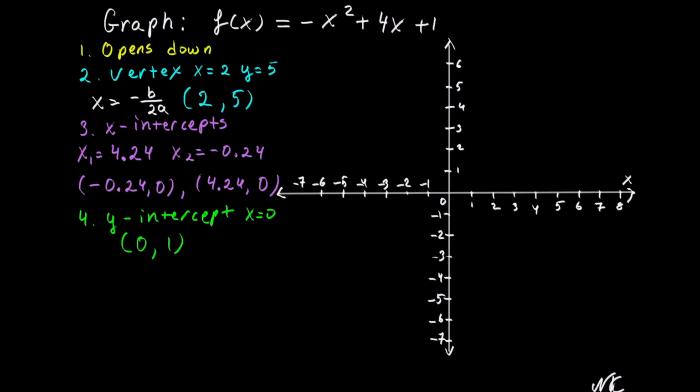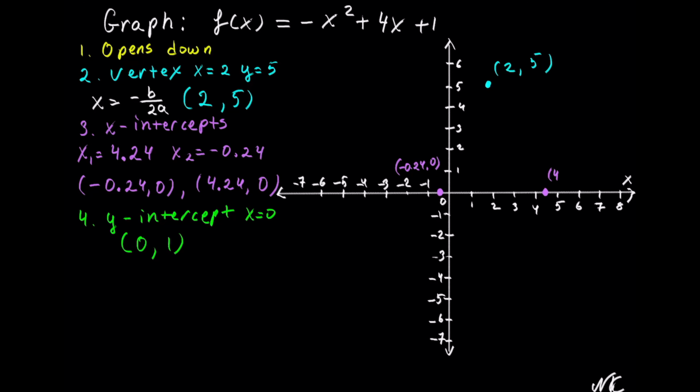Now that we have these values, we can graph our parabola. The vertex is at point (2, 5). We have 2 x-intercepts. One is at negative 0.24, which is a little bit less than negative 0.3 around here. The other x-intercept is at 4.24, so it's about 4 1/3, between 4 and 5.